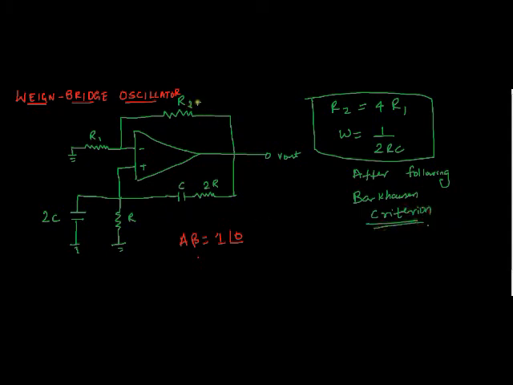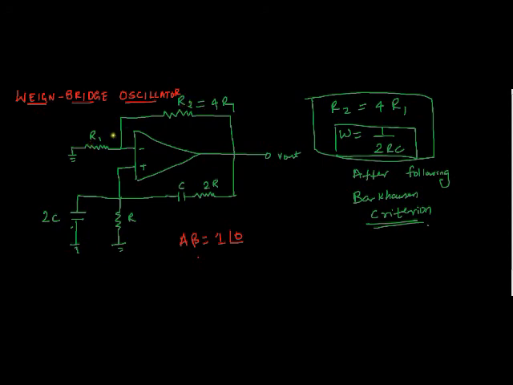So this is the value for R1. If you want to design an oscillator circuit, you need to design the values in such a way for this circuit. Then it will undergo oscillations at the frequency determined by the given values of R and C. So the oscillations depend upon the values of this feedback network R and C and not on R2 and R1.